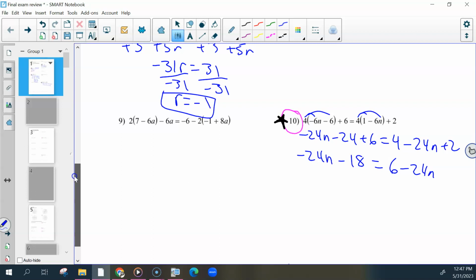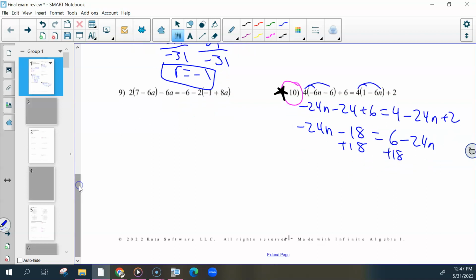Move it so we're adding 24. If we are adding 18 to both sides, then we are adding 24 to the other side. But this entire side cancels and becomes 0. Our variables cancel, so we don't have anything left.